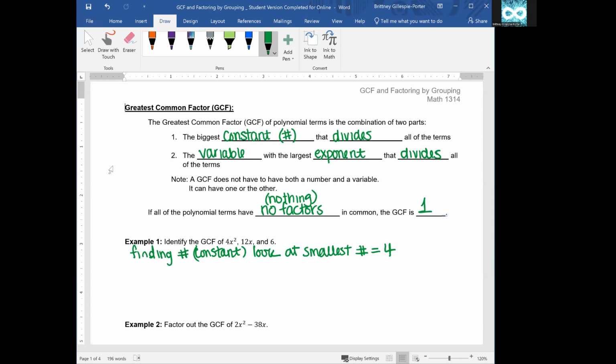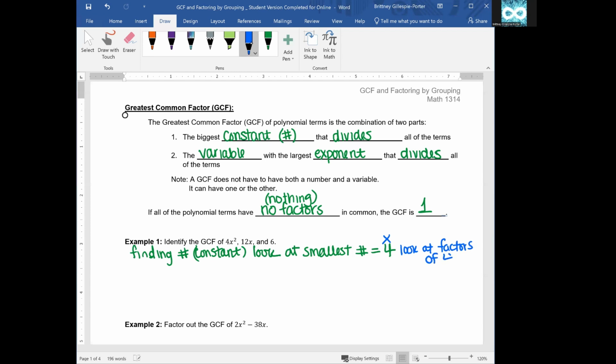Now, 4 divides 4. Cool. 12 is also divisible by 4. 12 divided by 4 gets us 3. Awesome. But when we take 6 divided by 4, we get 1.5, which is not cool. We need whole numbers, constants, integers. And that didn't work. Because that didn't work, we're going to look at factors of 4.